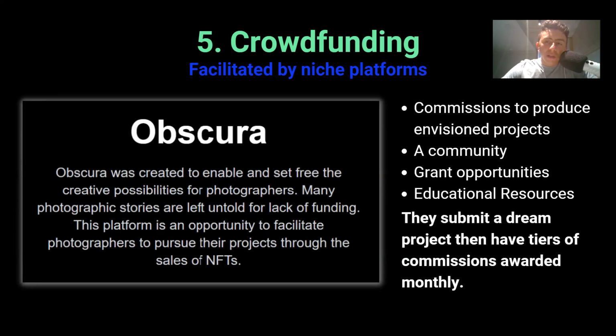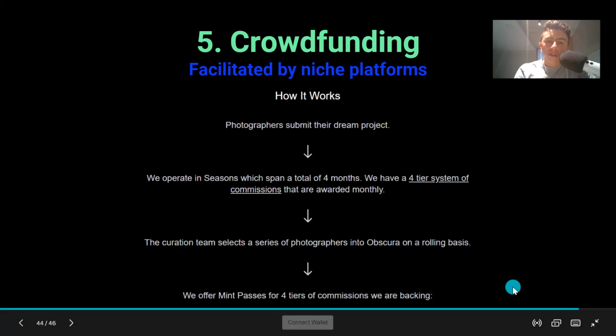So they give people commissions to produce the projects they want to do. There's a community, grant opportunities, and educational resources for the photographers. It's almost like a niche version of Constant Student using NFTs, because they've got the whole ecosystem. They submit a dream project and have tiers of commissions awarded monthly.